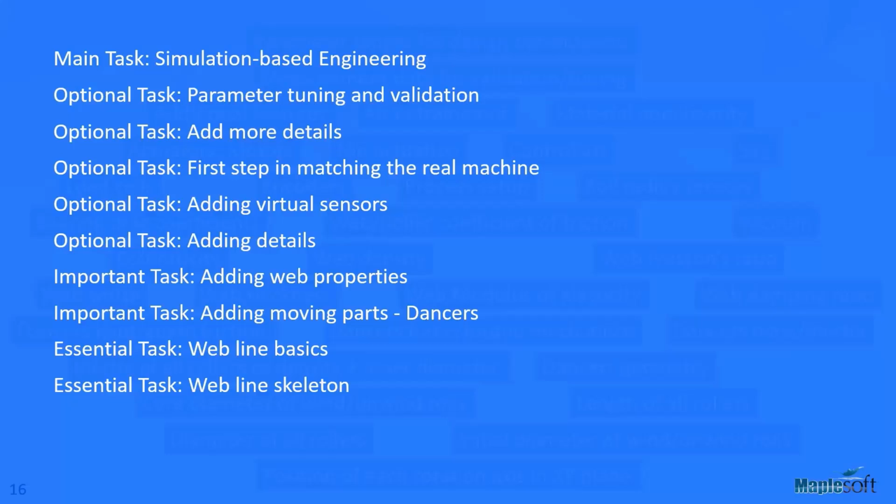So some tasks will be important, like web properties for certain cases, but some other tasks would be optional if we need to get to an answer quickly, or we want to just compare and get an answer to which design or which variation is better.